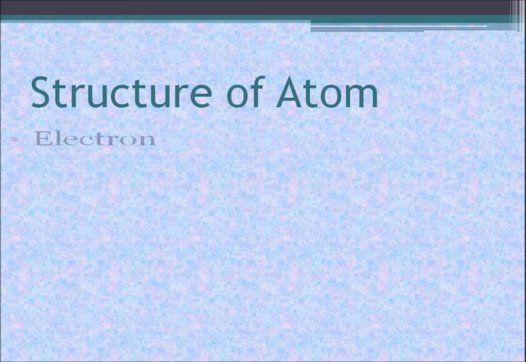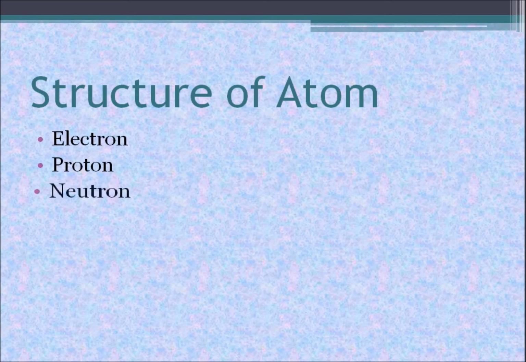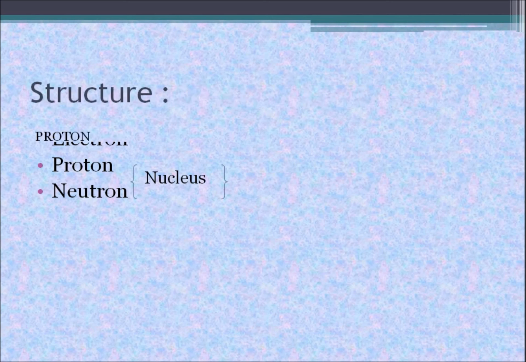So friends, let's understand the structure of atom, which contains these three subatomic particles: electron, proton, and neutron, where proton and neutron are present in the nucleus.